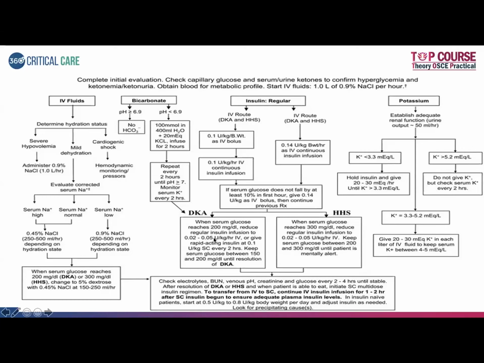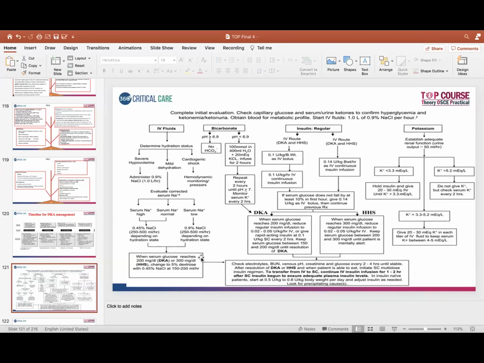After resolution, you always bridge over. You start the subcutaneous insulin, and after 1 or 2 hours, you discontinue the intravenous form. Potassium supplementation we already looked into. So that is about management of DKA and HHS.